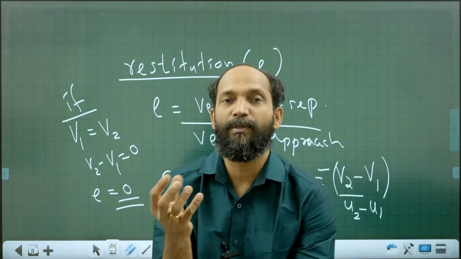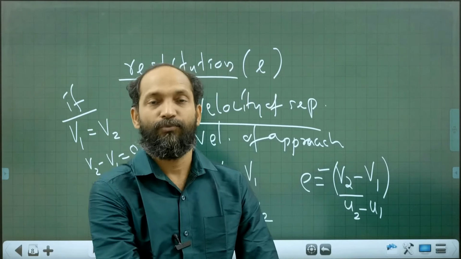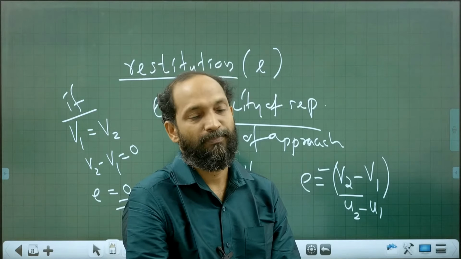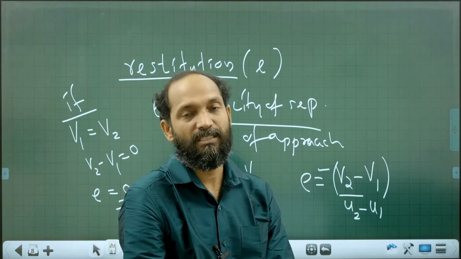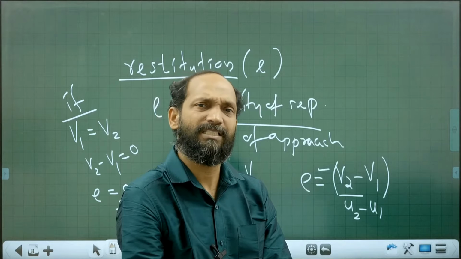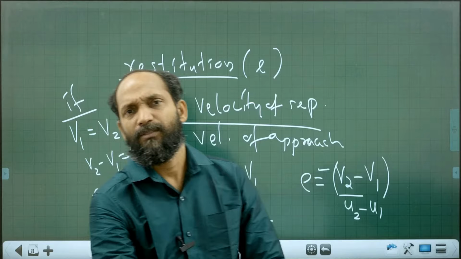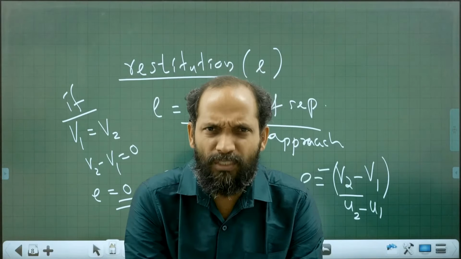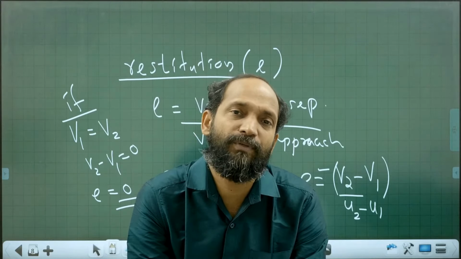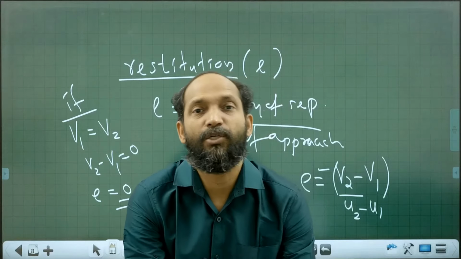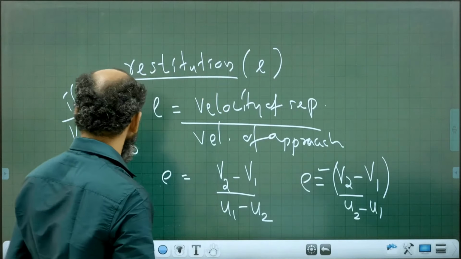A mud blob thrown onto a wall sticks to it. That collision is perfectly inelastic. In this collision, the maximum percentage of kinetic energy is lost. Here non-conservative forces are present. That's why some energy is lost.